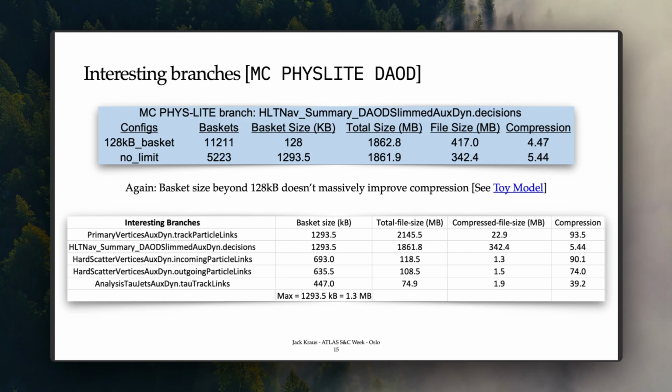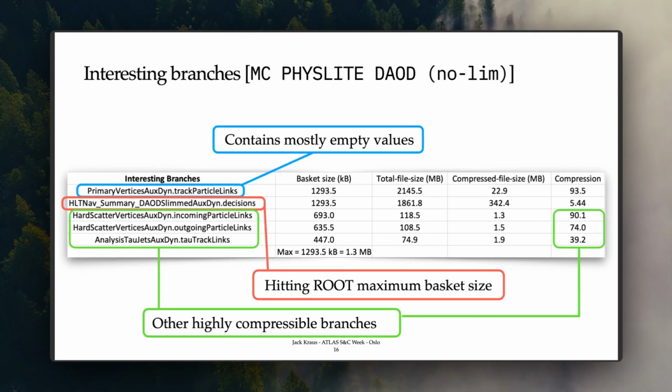But we also see these very large compression branches. One of them being the primary vertices, and these are just a couple other hand-picked high compression branches that might be worth looking into a little bit further.